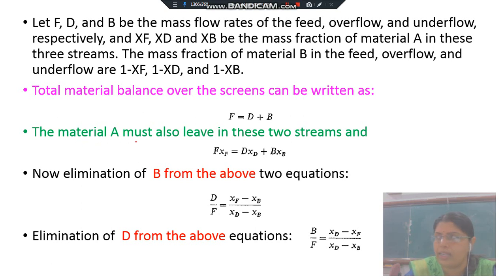We are interested in getting the material A in the overflow stream, so we write the material balance for A: F into XF equals D into XD plus B into XB. If we eliminate B from the above equation, we get the relation in terms of D by F. Next, we eliminate D from equations 1 and 2, and we get the relation in terms of B by F.